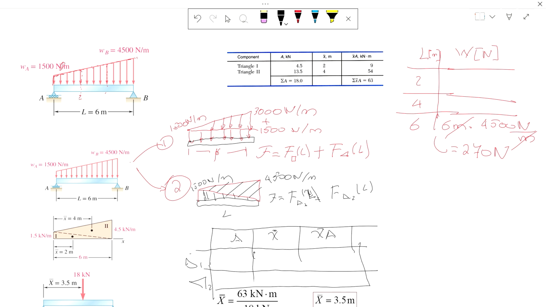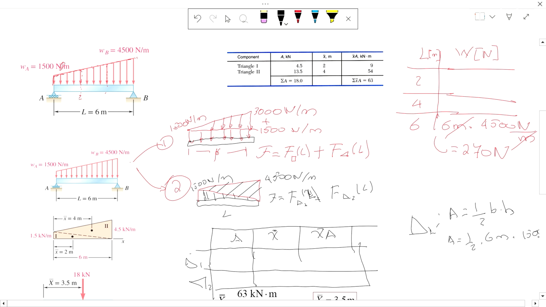Okay, so area for triangular shape 1, we can do it here. We know that the area of a triangle is 1/2 of the base times the height. So area is equal to 1/2 of the base, which is 6 meters, times the height, which is 1500. Let's do it again.